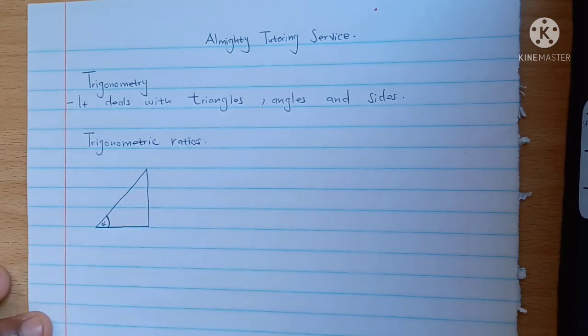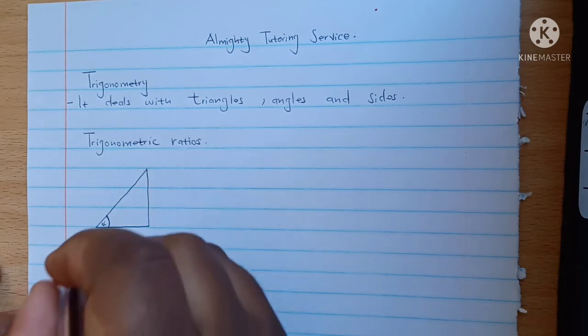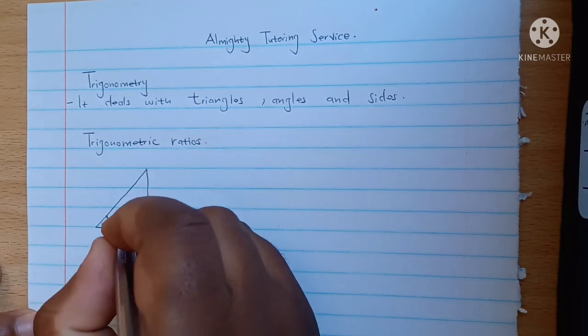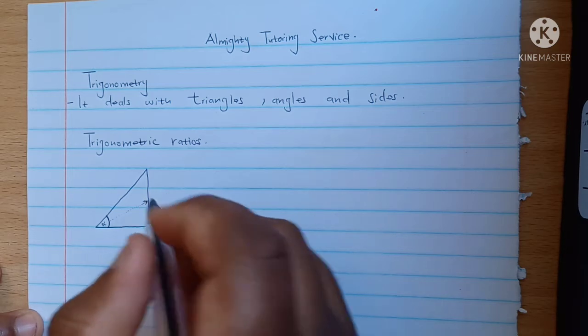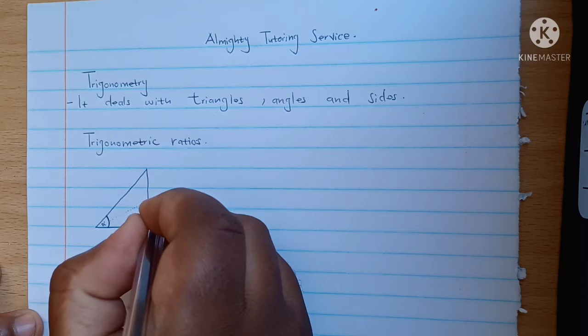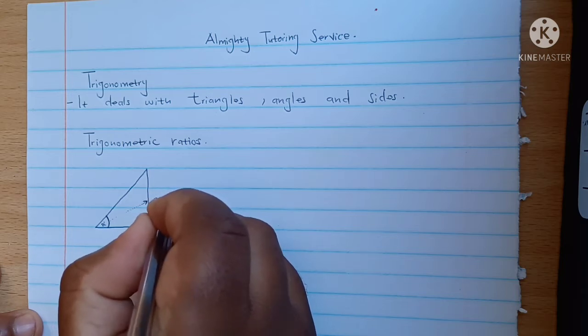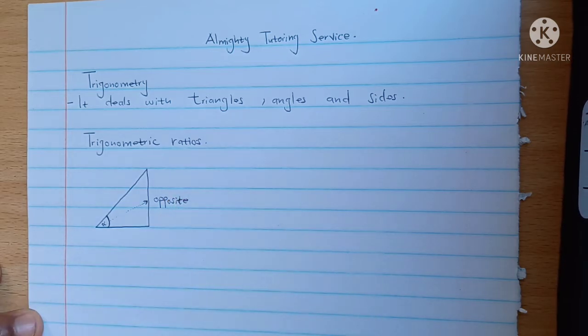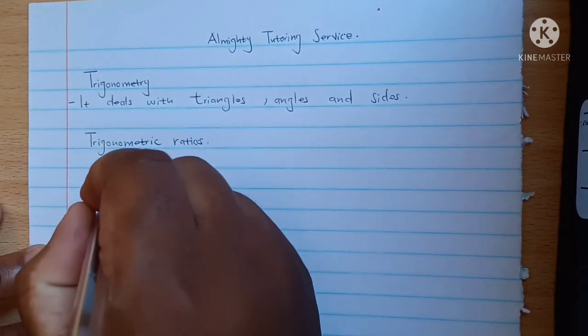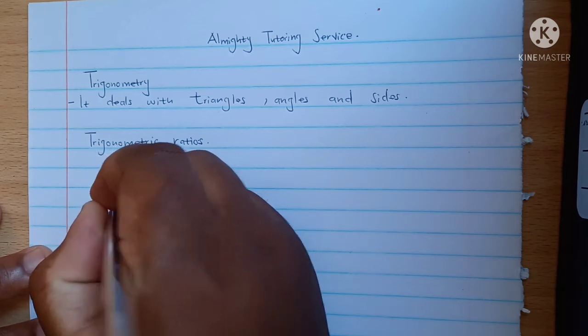The side that this angle is facing, we call the opposite side. And the longest side in the triangle, we call the hypotenuse.